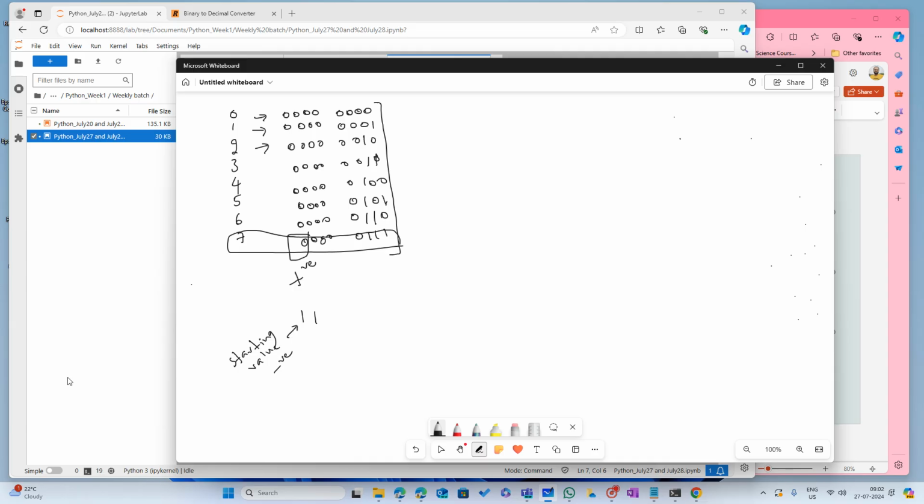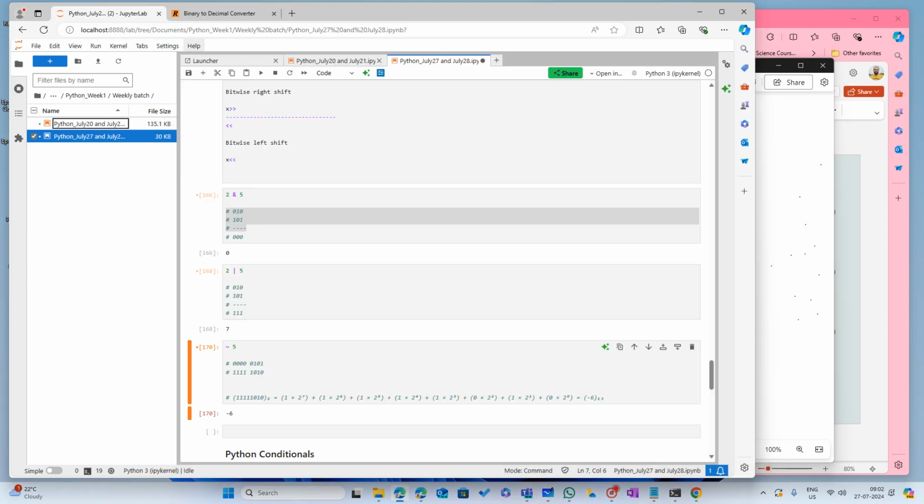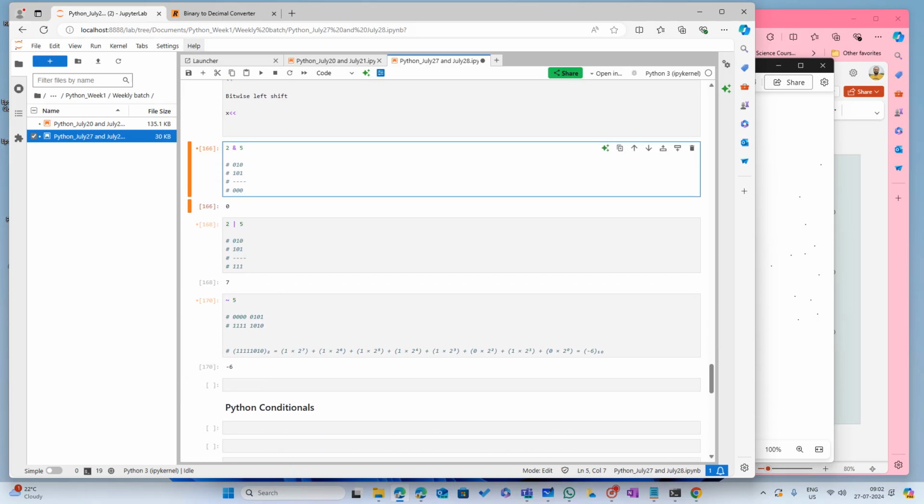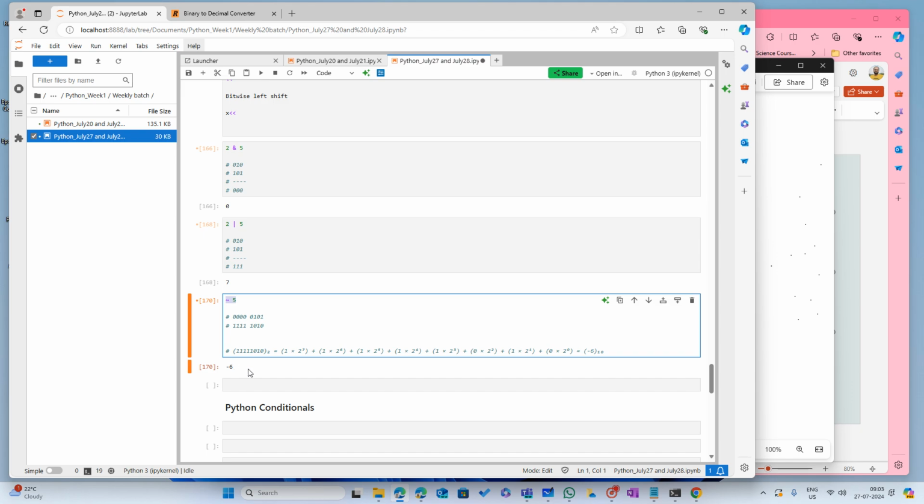That's how you get minus there. Otherwise, ideally everything is positive here, so you should have gotten positive, but in assembly language anything that starts with 1 is negative, so that's why you get a negative number. You can do the math here and understand how they have done the conversion. So if you negate 5 you will get minus 6. Is this understood?